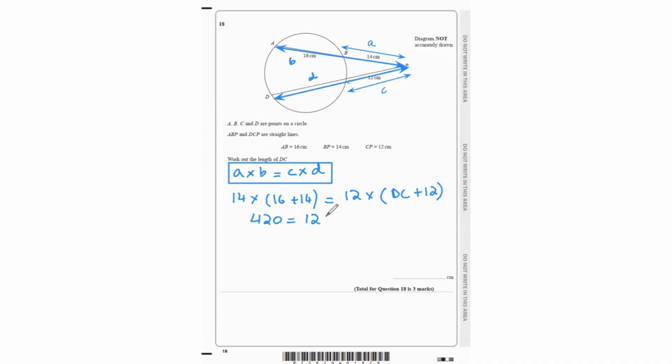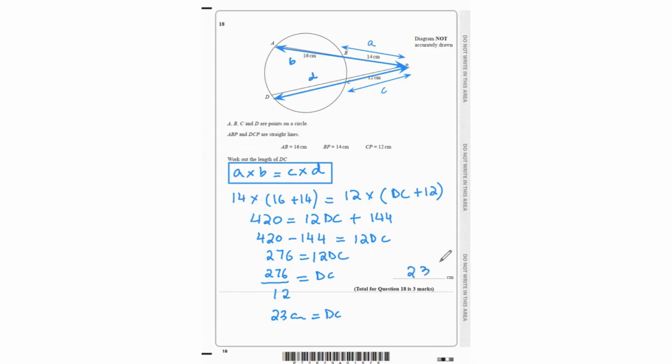Expand this, 12 times DC is 12 DC plus 144. 420 minus 144 equals 12 DC, which is 276. And then we divide 276 by 12, which is going to give us 23. So 23 centimeters is the length of DC.